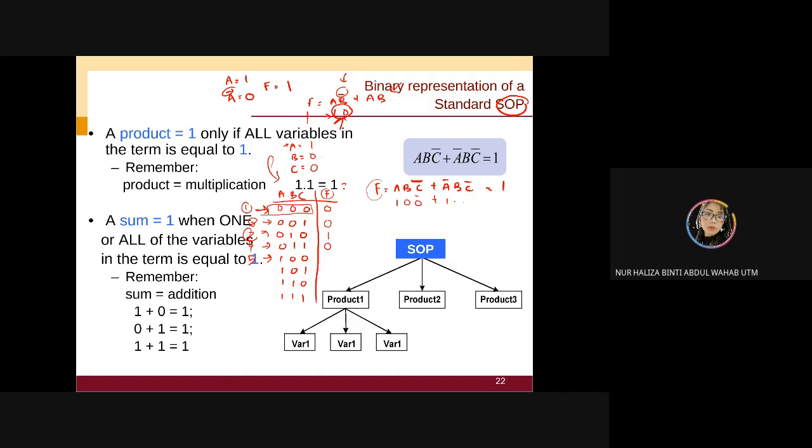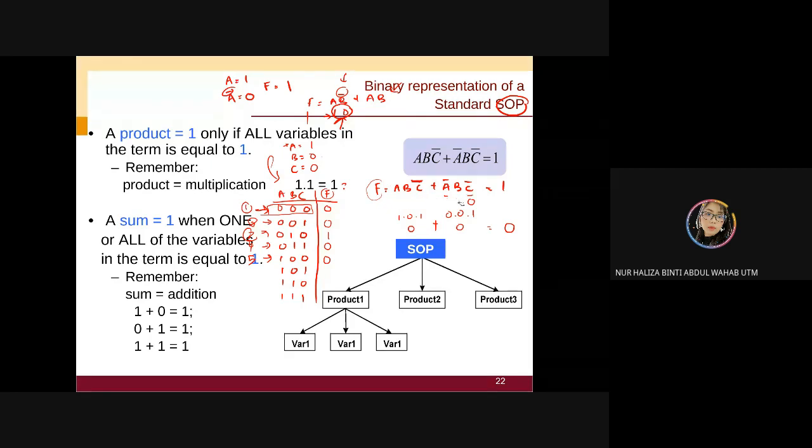Plus A is 1 with the bar, B will be 0, C will be 0 with the bar. So I get 1 multiplied with 0 multiplied with 1, I still get 0. I add with 1 bar, which gets 0, 0 and 1. I multiply it together, I still get 0. That's why my answer will be 0.